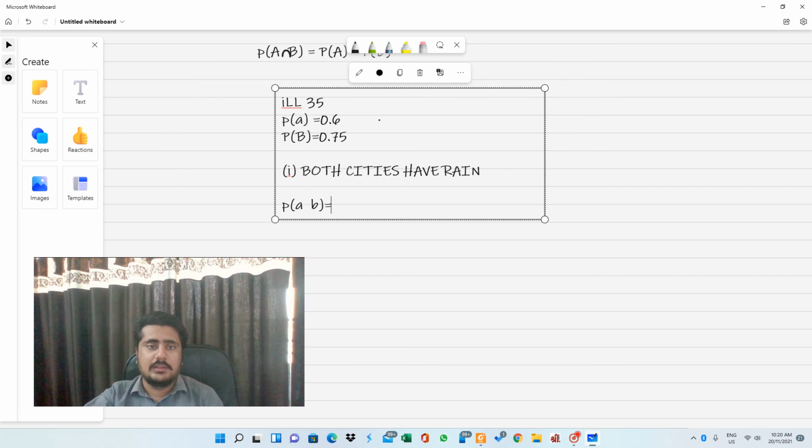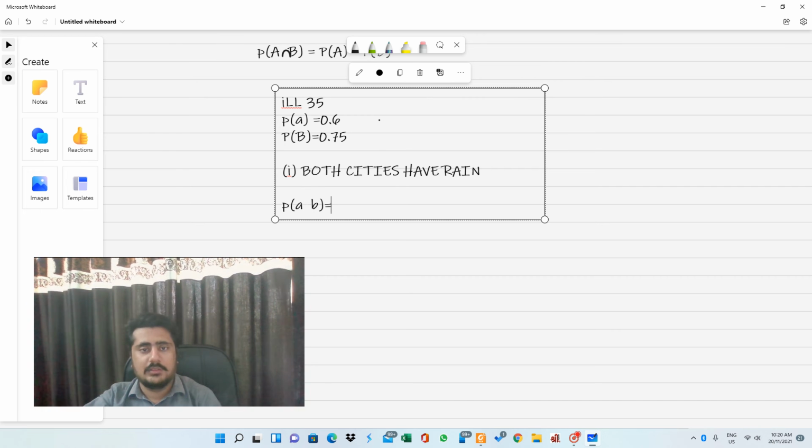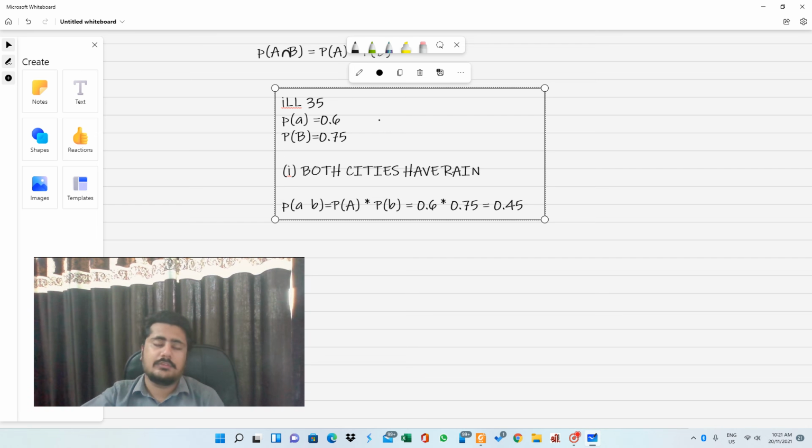Both means two events occurring together. That is intersection. So it is P of A into P of B, which is 0.6 into 0.75, which is 0.45.